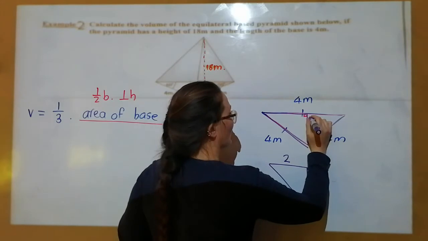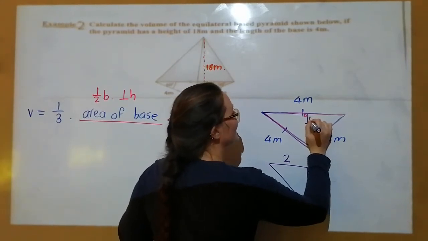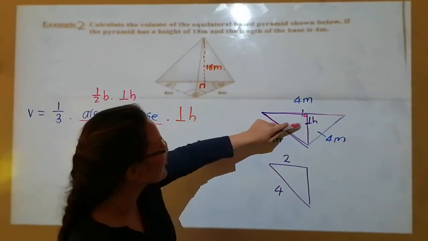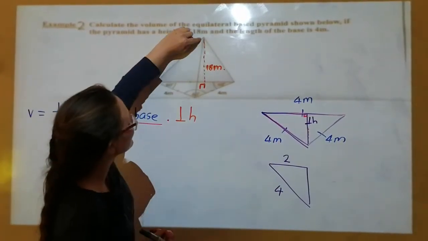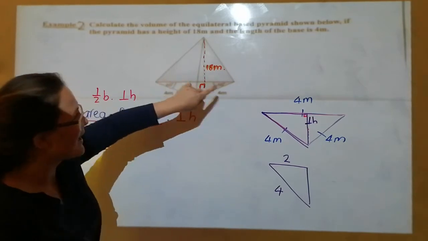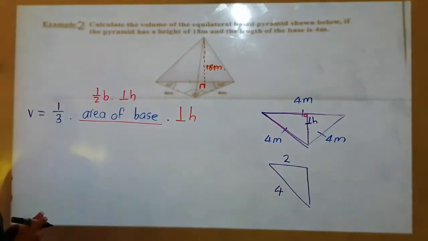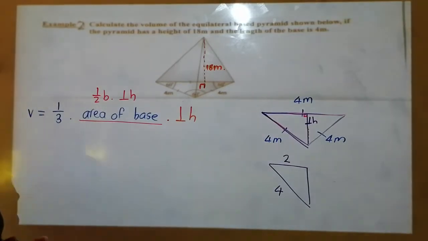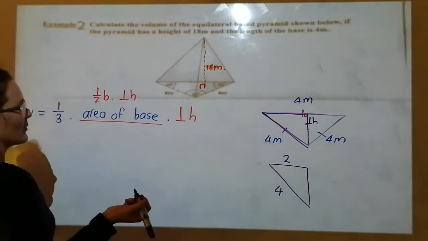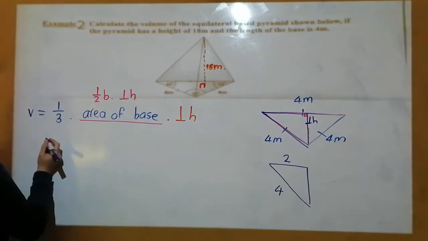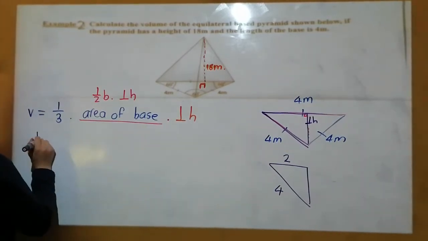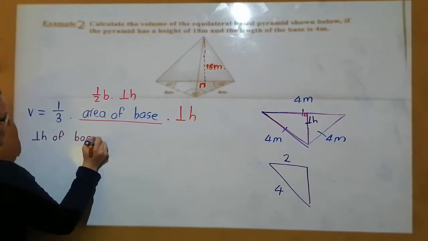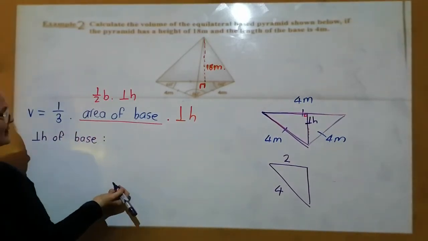And I'm going to figure out what the perpendicular height is of this triangle. Not what the perpendicular height is of the pyramid, but of the triangle. And I'm going to do that using Pythagoras. So you must please show this work to get all your marks. So I'm going to just show here that the perpendicular height of the base, right, is going to be like this.